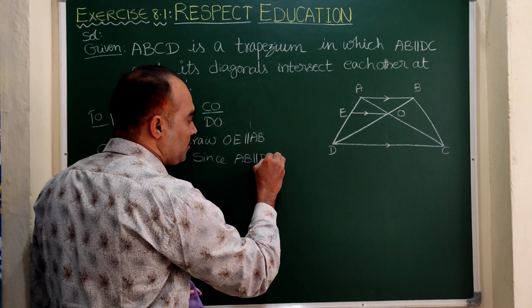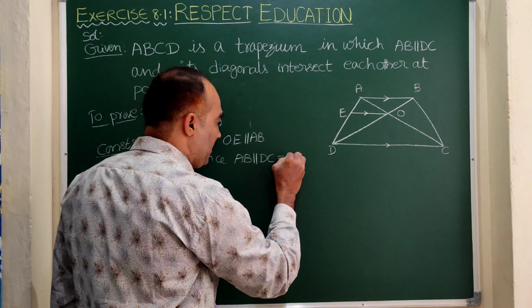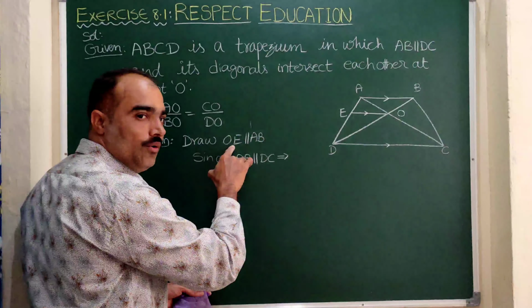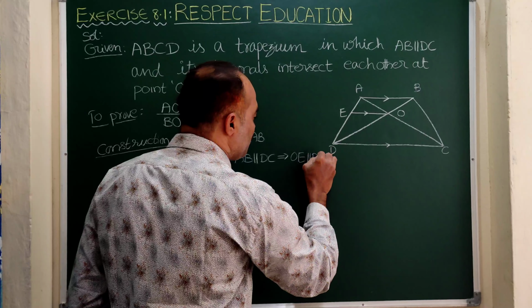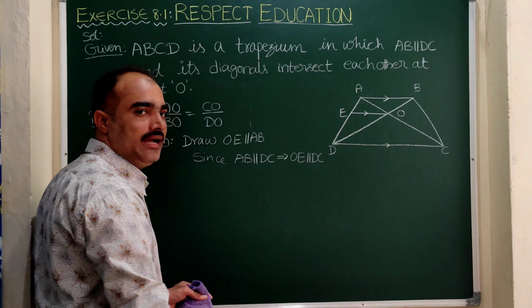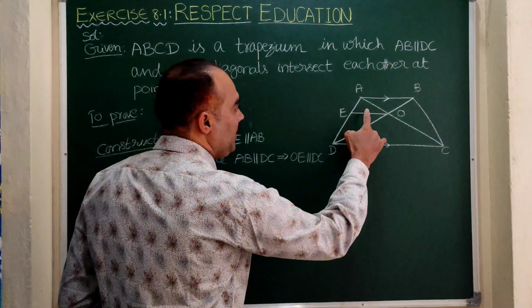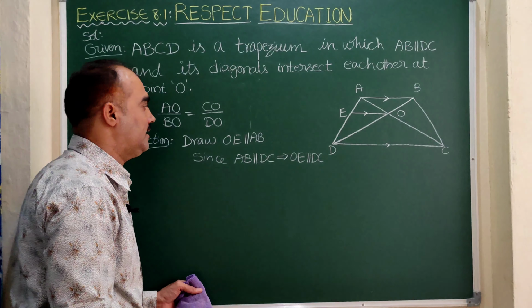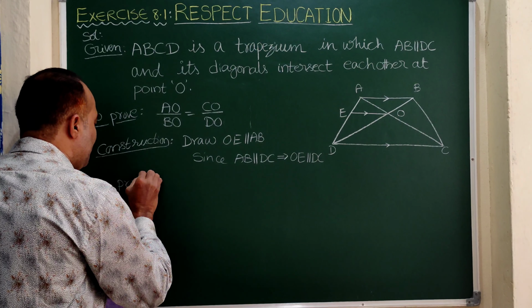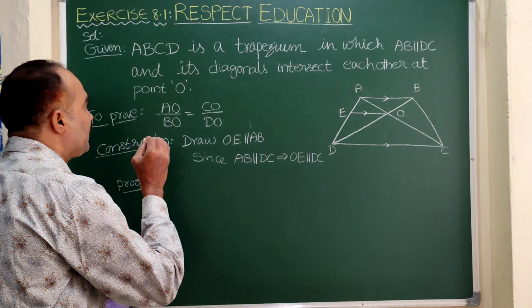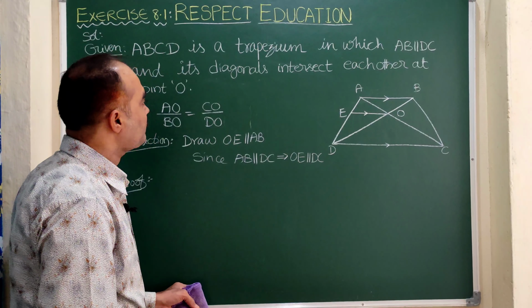Since AB parallel to DC implies the same OE is also parallel to DC. So that all the three lines AB, OE and DC are parallel to one another. Now let us start the proof of this problem.